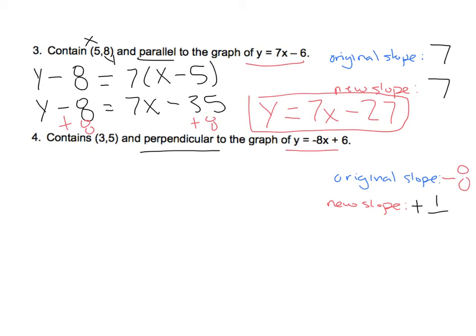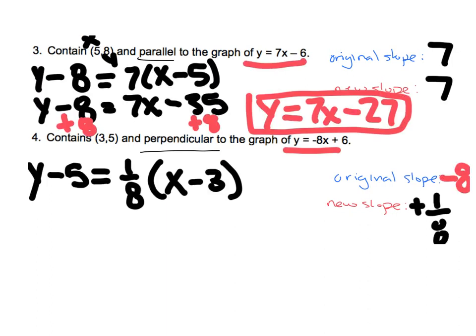So if you flip 8, you get 1/8. So I'll help you plug this in, you'd get y minus 5 equals 1/8 times x minus 3. So you guys have an opportunity of actually solving this out to get the actual answer.